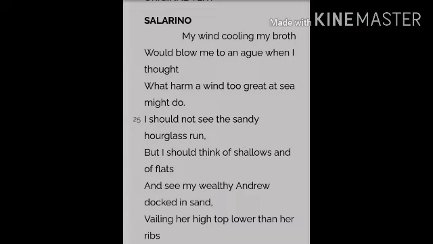Because the wind which is used for cooling my broth will remind me of the big wind, the great wind or the strong wind which is capable of damaging my argosy in the sea. Would blow me to an ache, meaning will make me shiver, when I think about what harm a strong wind at sea can do to my argosies.